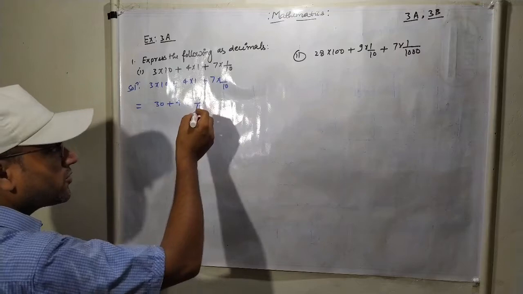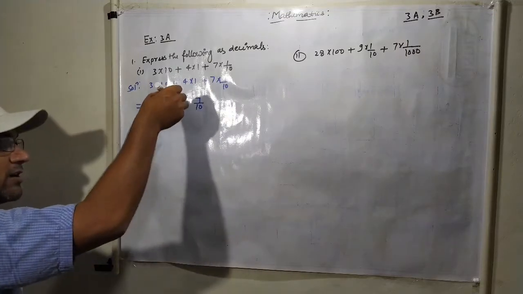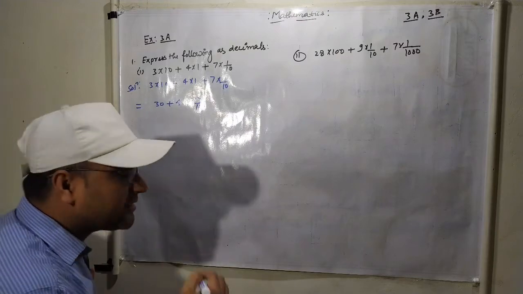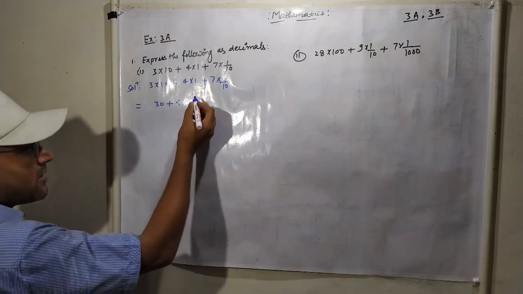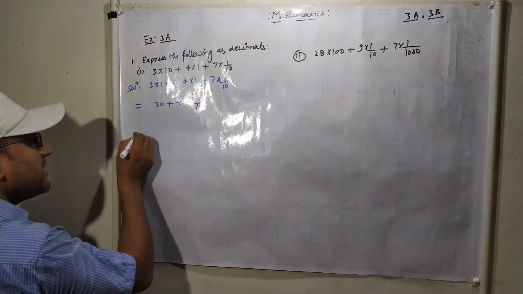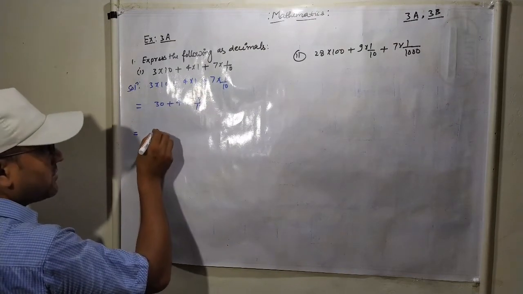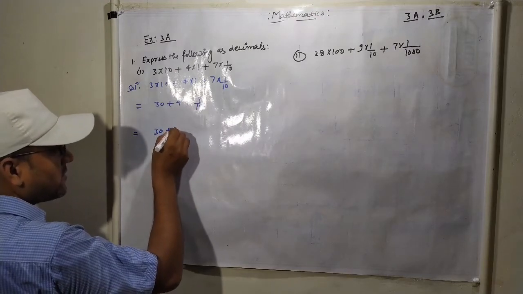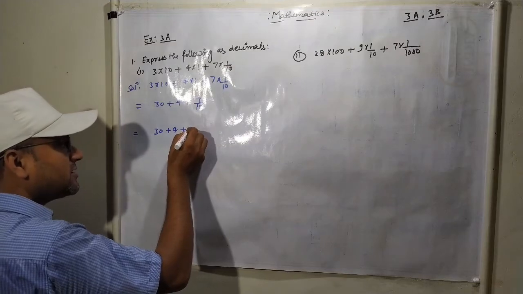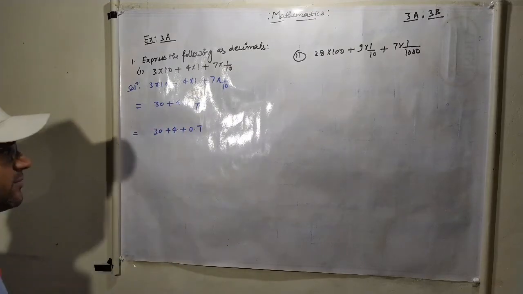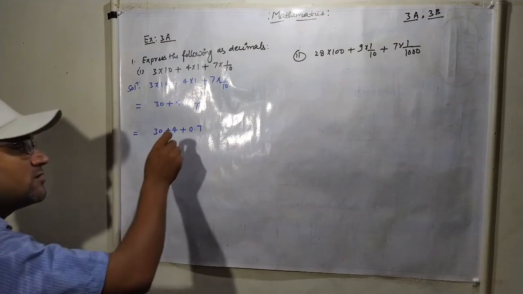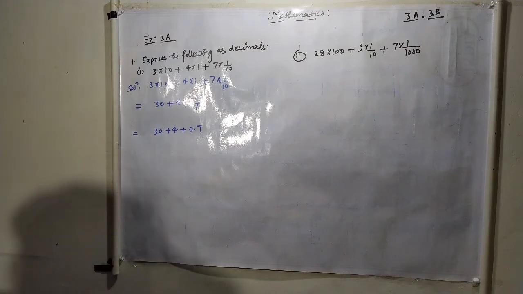And you know how to change this 7 upon 10 into decimal? There is a 1 and a 0, you can write 0.7, meaning count one place from the right side and put the decimal. So very easy, this is 30 plus 4, and change this one into a decimal, so you get 0.7. If there is no integral part, you can use 0 in place of nothing.